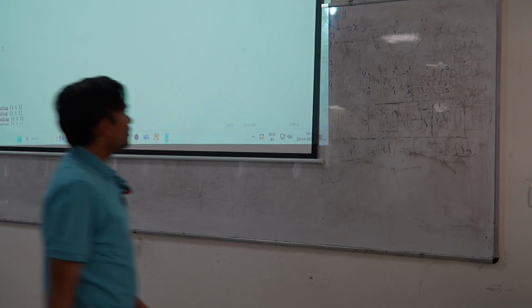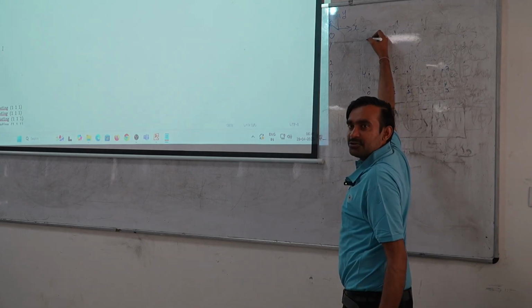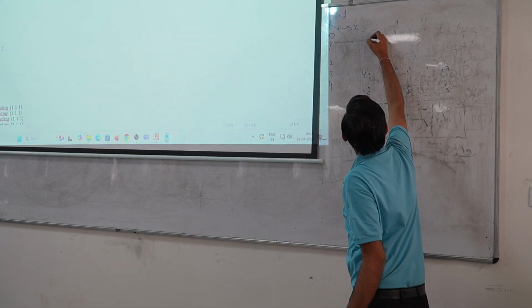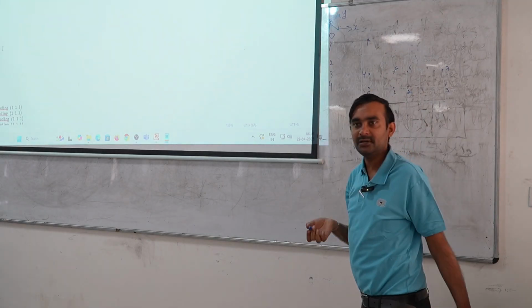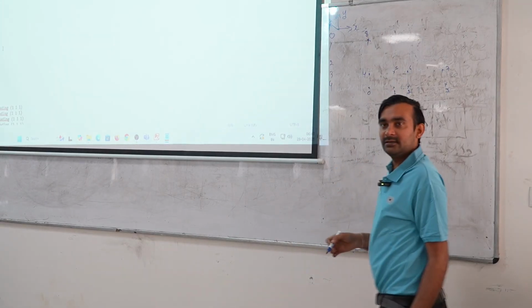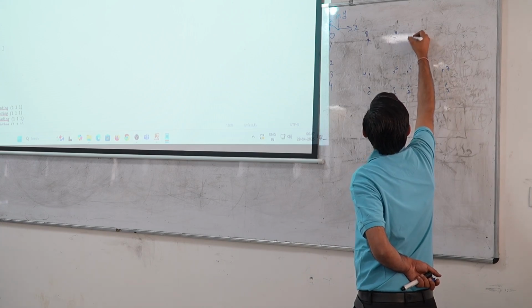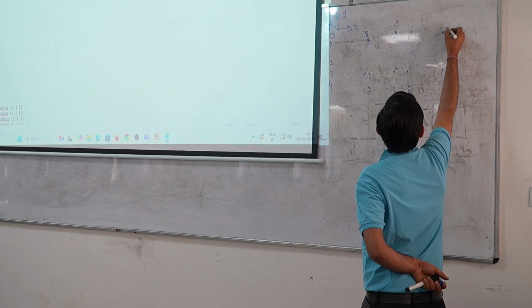Then what else? 0, 4, 0. So in the y direction I will be moving 4 points. This is my 8th point. Likewise, this will be the 9th, 10th and 11th.